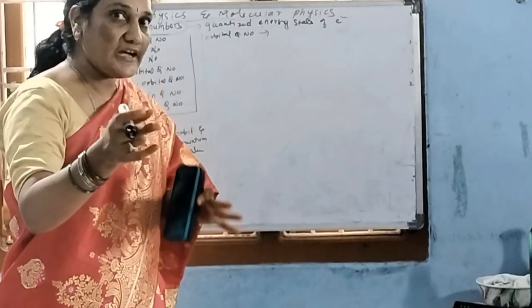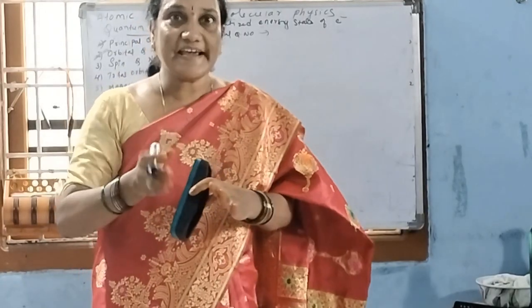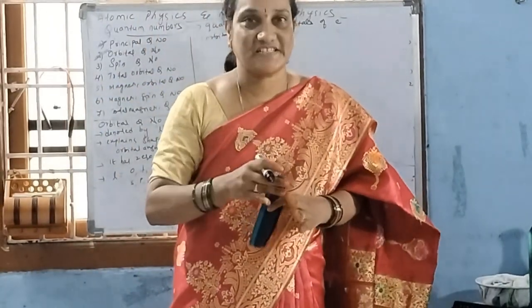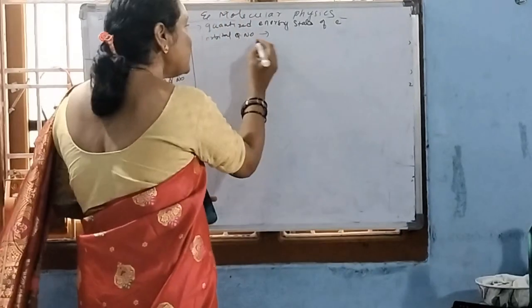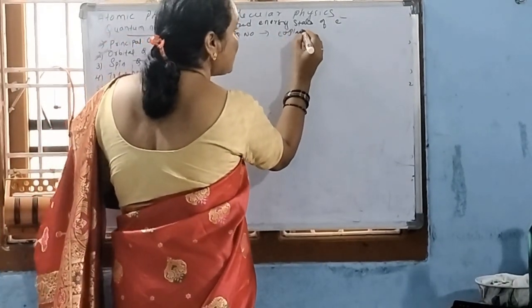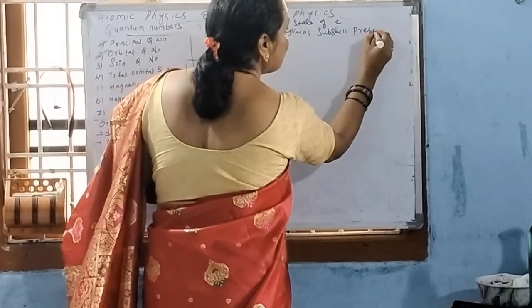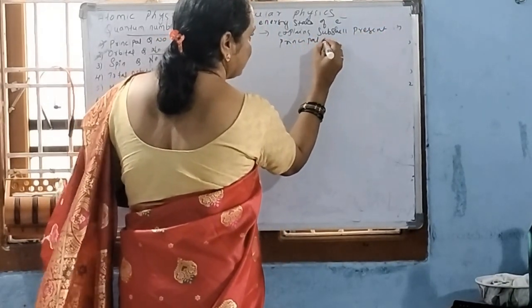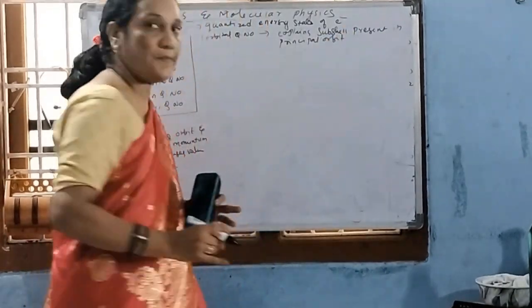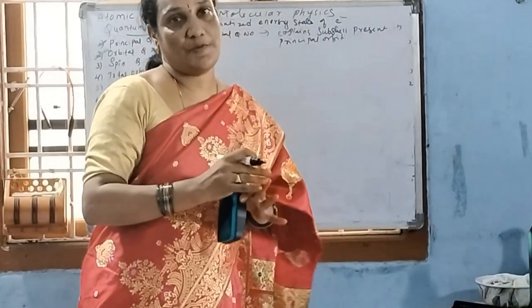According to the Sommerfeld theory, the principal orbit is again divided into suborbits or subshells. So this orbital quantum number explains the subshells present in a principal orbit.